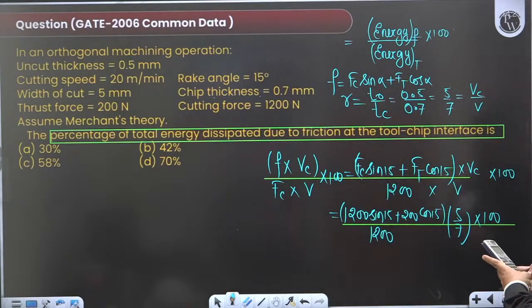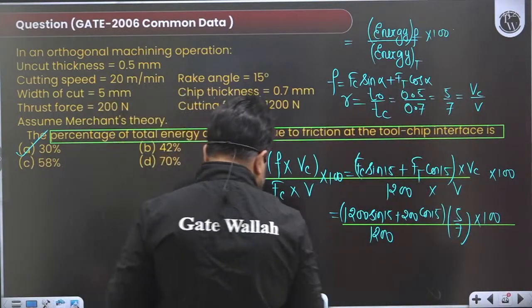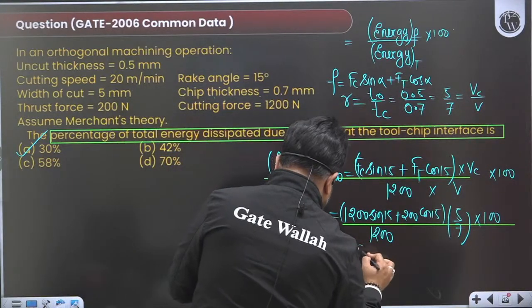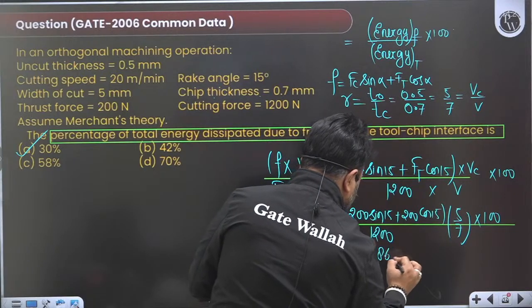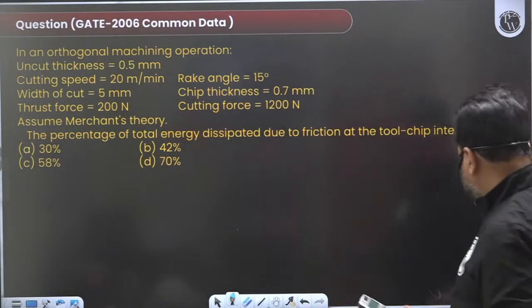So 1200 into sine of 15 plus 200 into cos of 15, answer divided by 1200, answer into 5 by 7, answer into 100. So option A, that is 29.986%. Okay, clear?